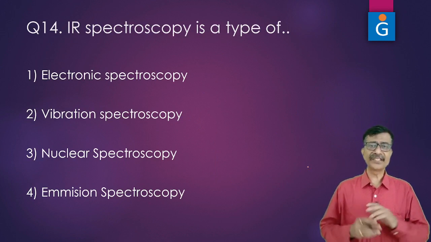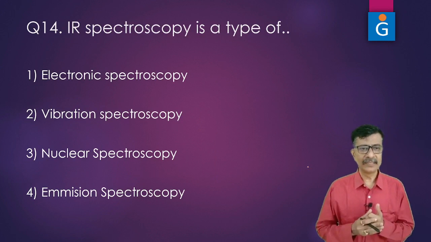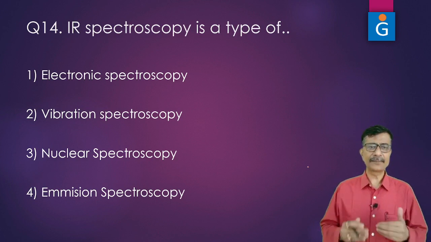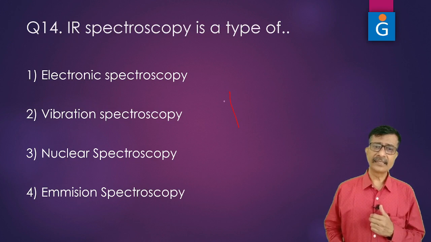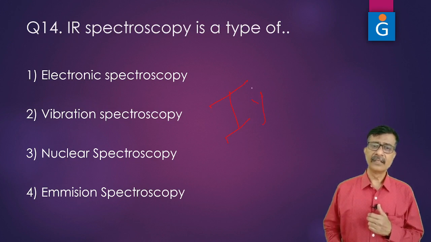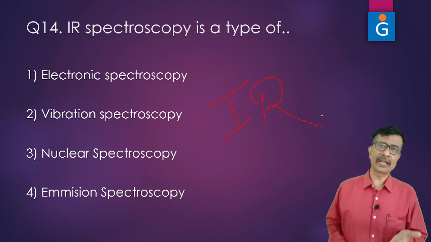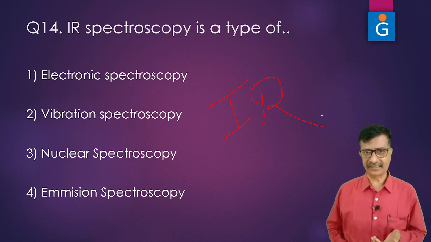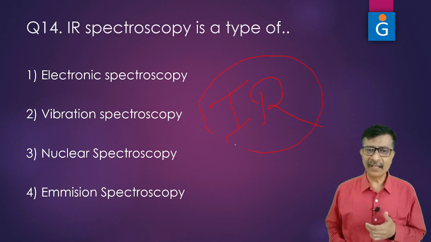IR spectroscopy is a type of... Now we have seen different types of spectroscopies, like absorption spectroscopy and emission spectroscopy. Under absorption spectroscopy, there are again different types of spectroscopies involved. Whether the radiation causes changes in a molecule like rotation, vibration or electronic transitions will be decided by the energy of the particular radiation.